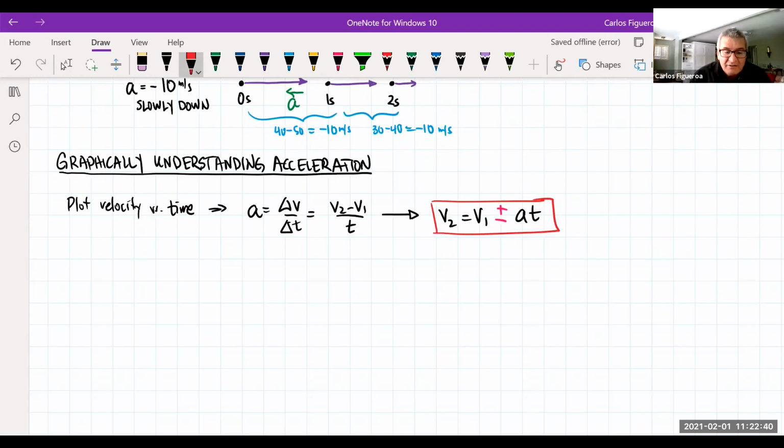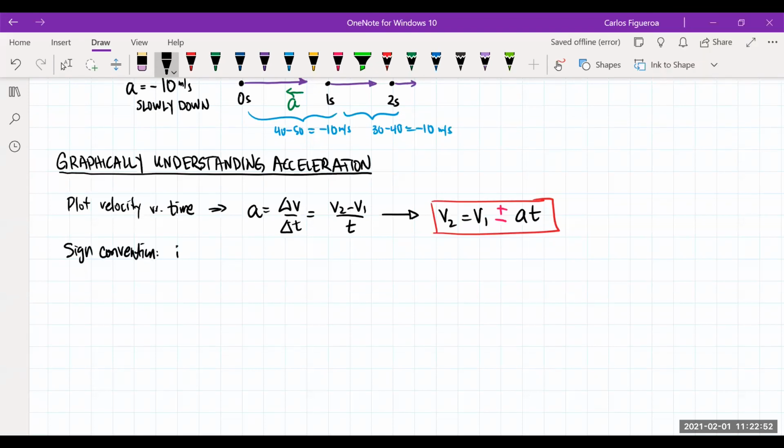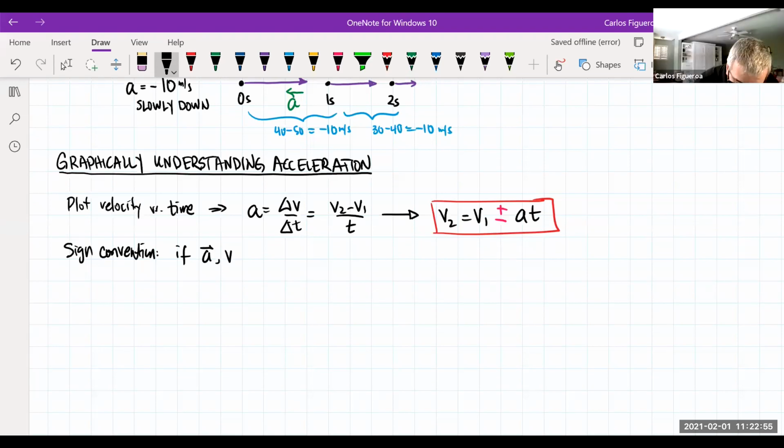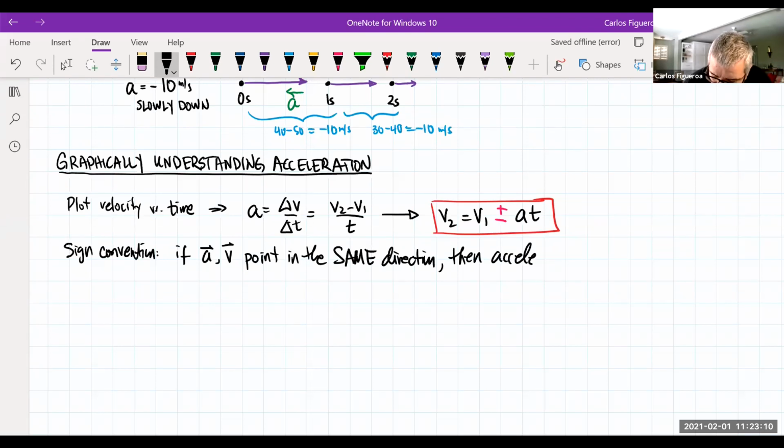So our sign convention that we've already talked about here, right? Tells me this. If A and V point in the same direction, then acceleration is positive, right? And I could say just the opposite for the other case here, right?